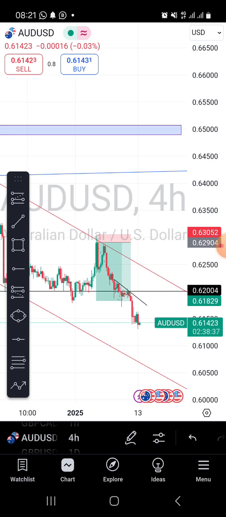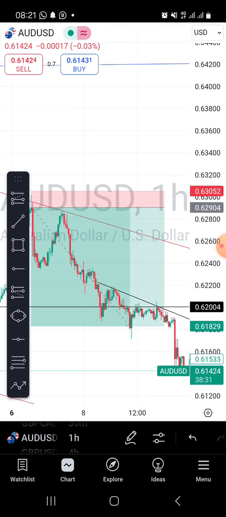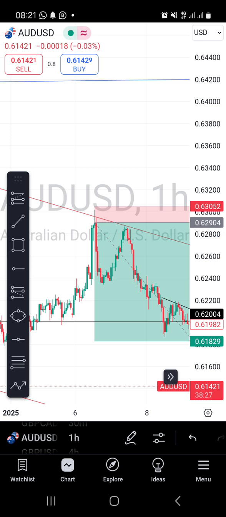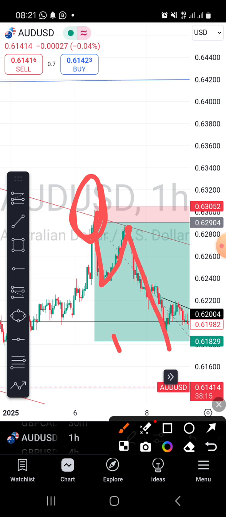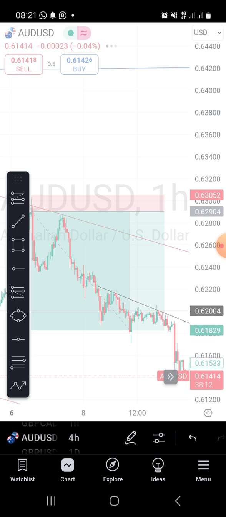The H4 made the touch, but I took my entry on a lower time frame like H1. Yeah, this candle rejection here. At the rejection of this 1 hour candle, I took my entry, then bam, it went, retested it, then dropped. But that is not what you are here for this morning.